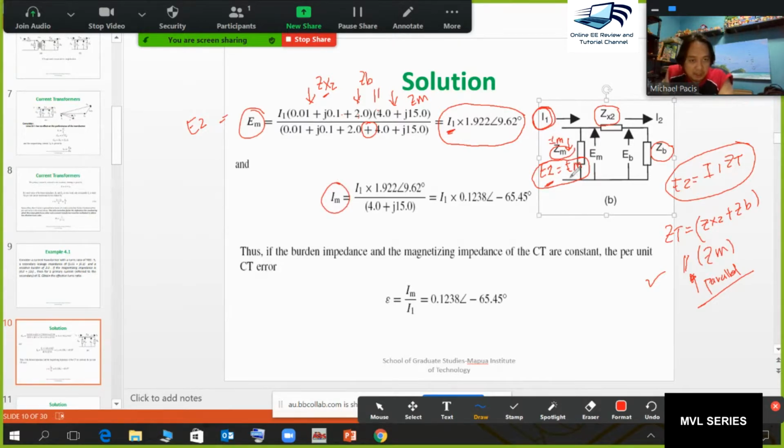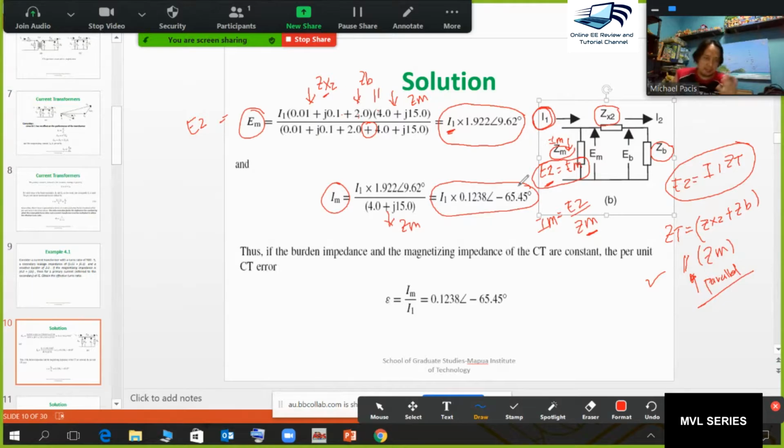As you can see here, we can also use Ohm's law, right? So, to get IM, that is equal to E2 divided by your magnetizing impedance ZM, which is 4 plus j15. So this is your I1, and this is your ZM. Having the numerical value in terms of I1, we have this value here.